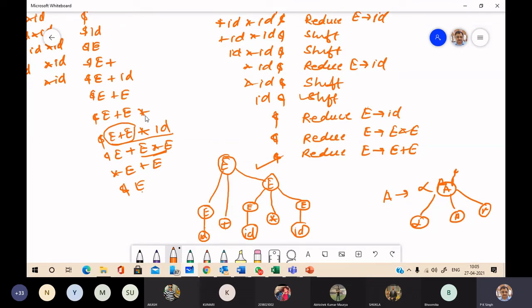As you know, we scan the string from left to right to find a substring matching one of the right sides of the productions of the grammar.